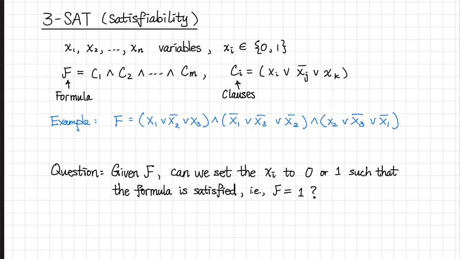By hardest, that means any problem in NP is reducible to this problem. That direction is the proof. So in other words, if you can solve this problem in polynomial time, you can solve every problem in NP. That's why it's called NP-hard.